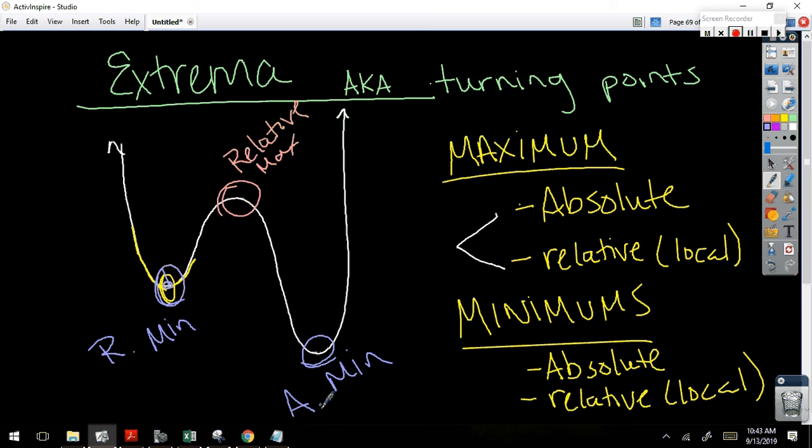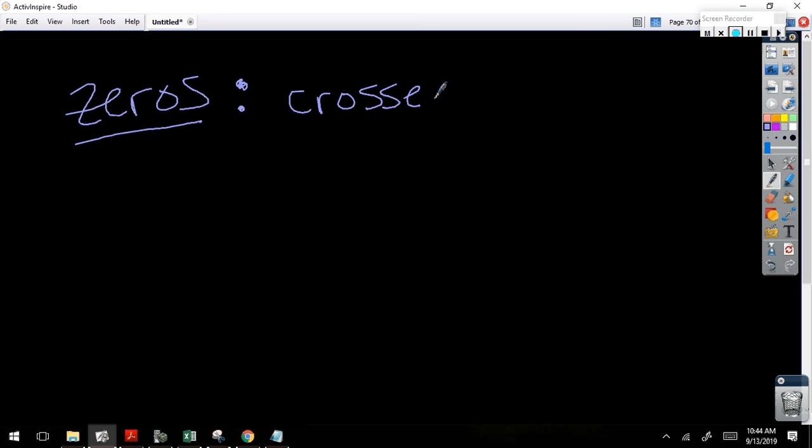One other type of critical point that you should know, and your book kind of assumes that you know this, but I'm going to assume that you don't. Zeros. What are zeros? What's 0 at a 0? Nothing. Okay, clearly we don't know. Zeros are where it crosses the x-axis. These are very, very, very important points.